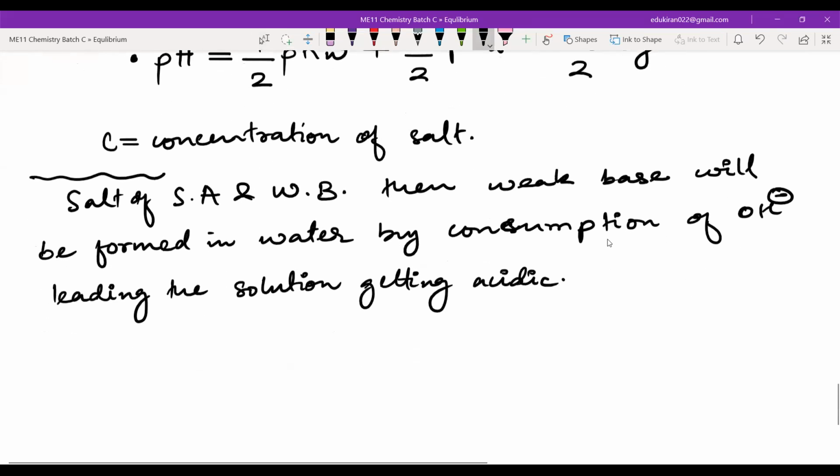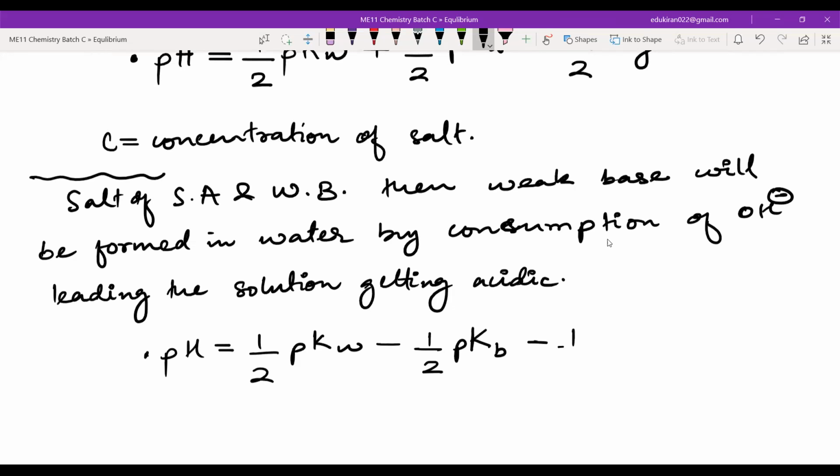Okay, and in this case, the pH will be half of pKw minus half of the pKb minus half of log C, and again C is the concentration.